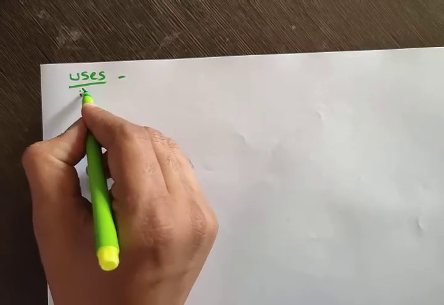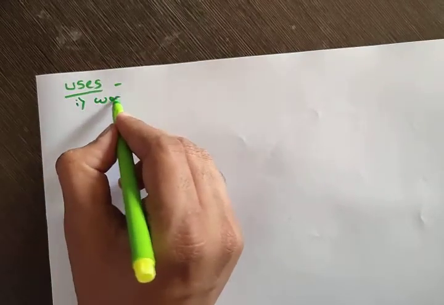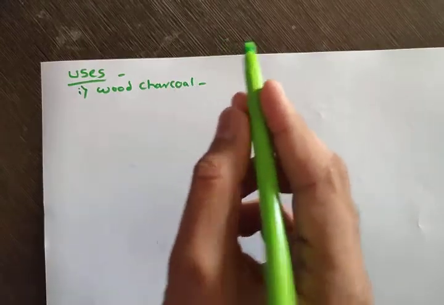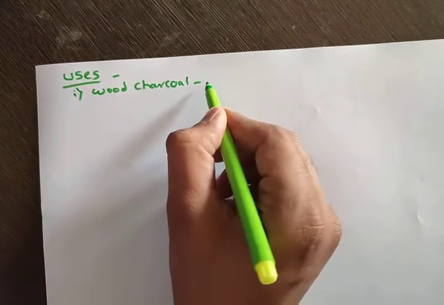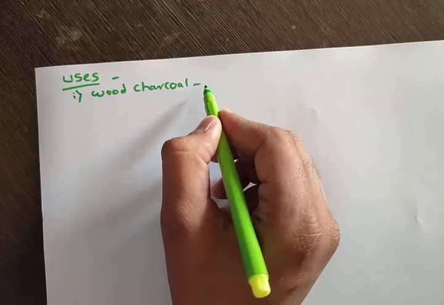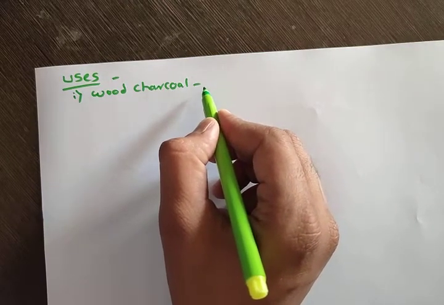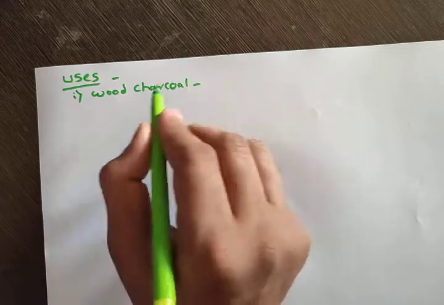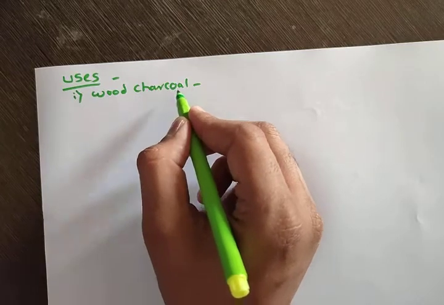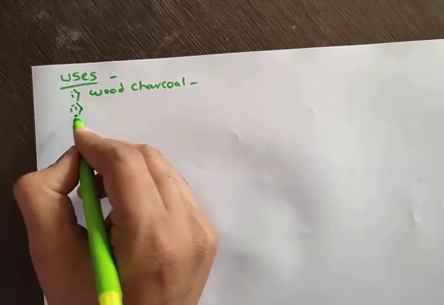Wood charcoal is a better fuel than wood because it burns better and causes less air pollution. We already studied the destructive distillation process. In that process, whatever gases are in the wood have already escaped, so no gas is left to evolve from the charcoal, and therefore it does not produce much pollution.